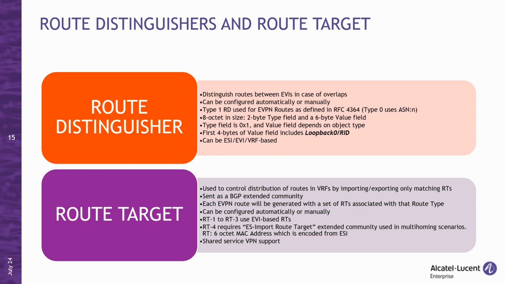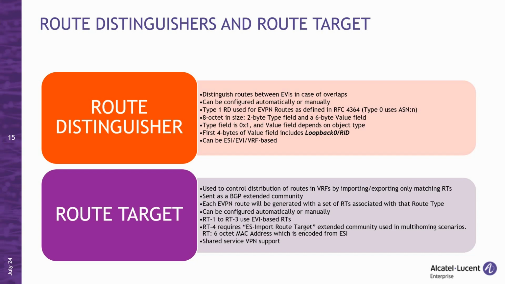The route distinguisher can be automatically defined to simplify the configuration. So EVPN uses type 1 route distinguisher, which uses the loopback and router ID to generate the route distinguisher. As a reminder, type 0 uses the autonomous system number with a colon and a number N. The route distinguisher can be ESI based, EVI based, or VRF based.